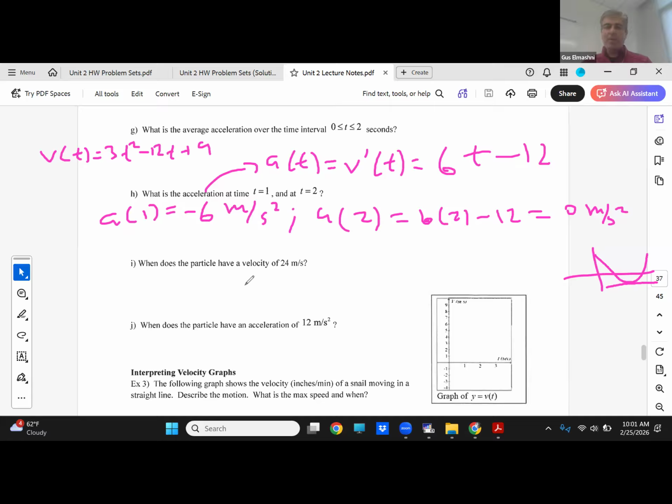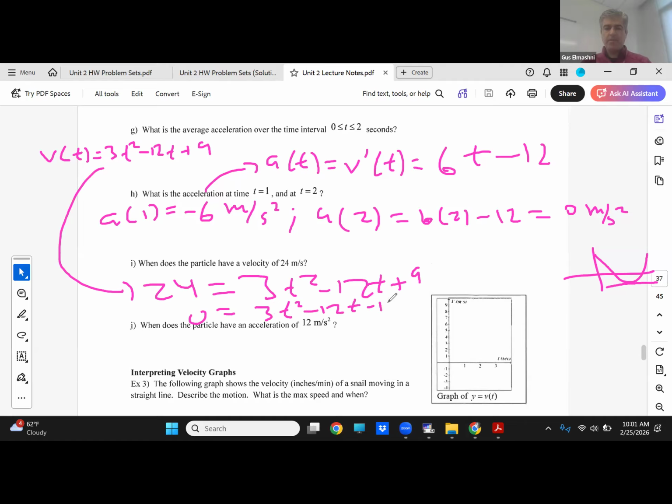Okay. When does a particle have a velocity of 24? Well, what you have to say is when. So you have to set 24 equal to the velocity formula, right? And then just solve by factoring. So what would I do at this point? Probably factor out 3, right?